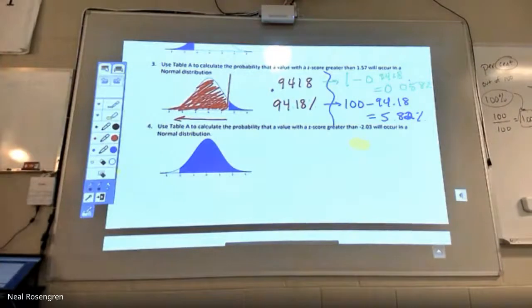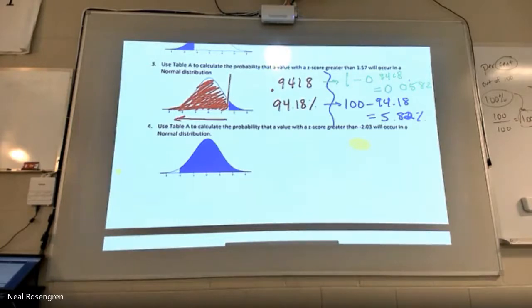Okay, so if you're doing less than, boom, table A, piece of cake. If you're doing greater than, either 1 minus your decimal or 100 minus your percent, because we're just looking at the difference.